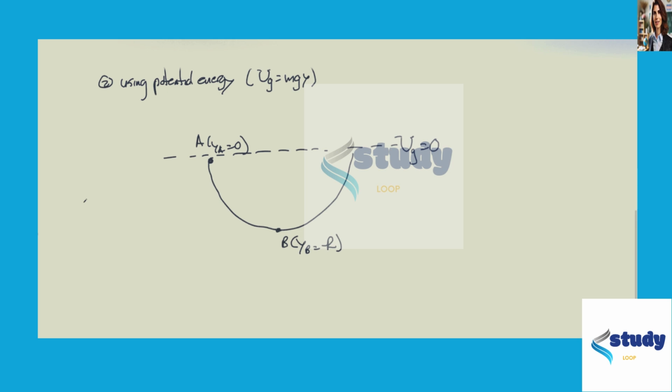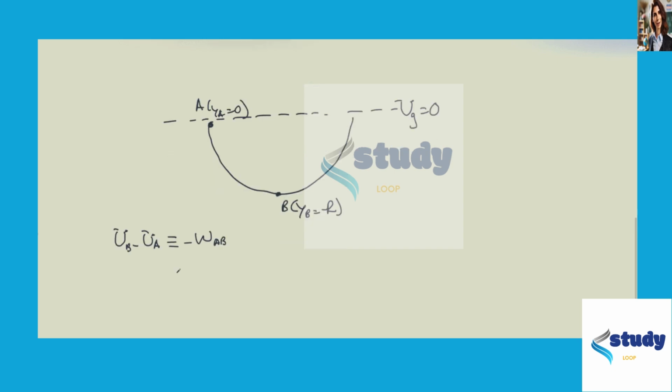So now really, the connection between work and potential energy is that you define potential energy in terms of the work. So really, this is a definition. UB minus UA, that difference is defined as minus the work done as you go from A to B. That's the definition of it. Now, we know UA is 0 because yA is 0.